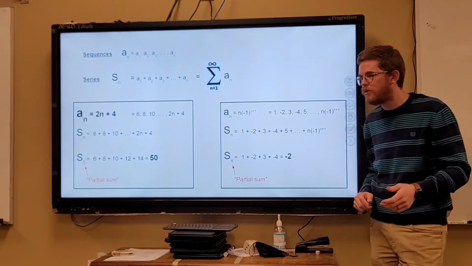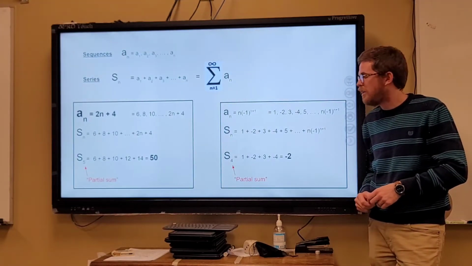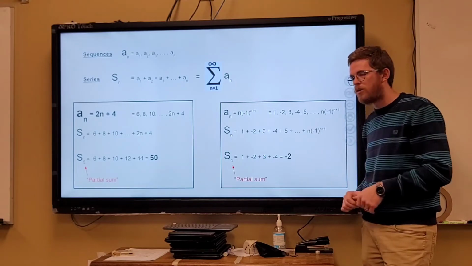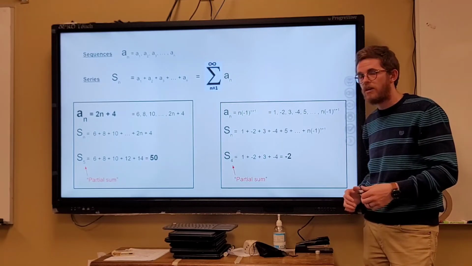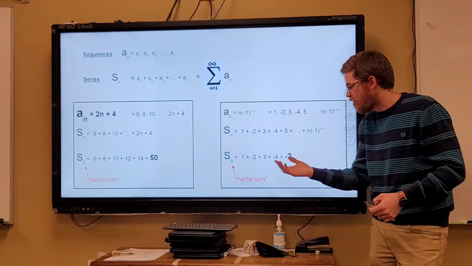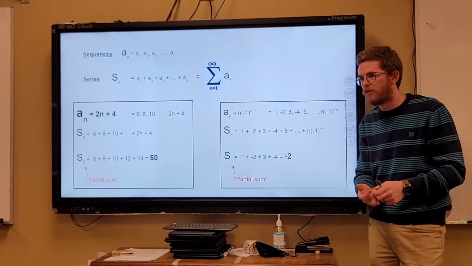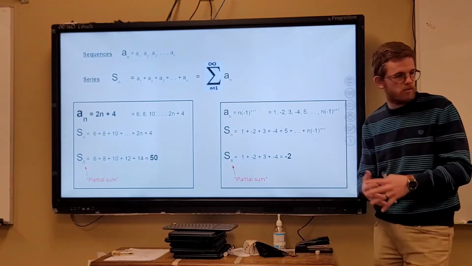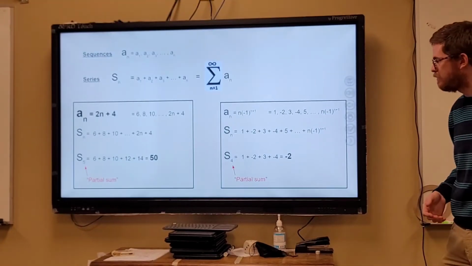Ultimately, everything you know about a sequence is still true, and a series would be adding them along the way. A partial sum would be stopping and only adding up that many of the values. Thoughts about any of this stuff?